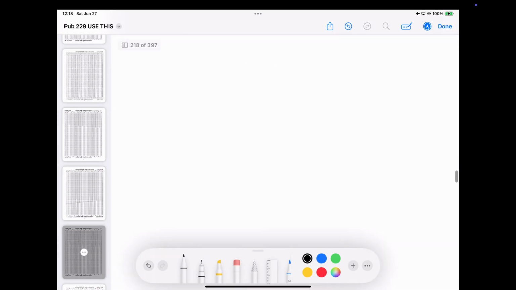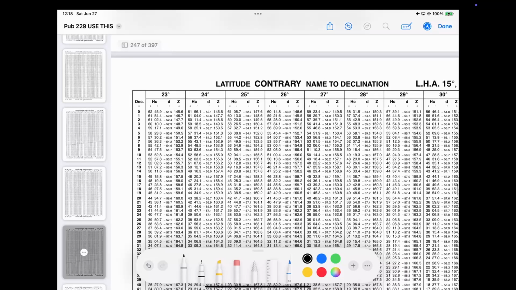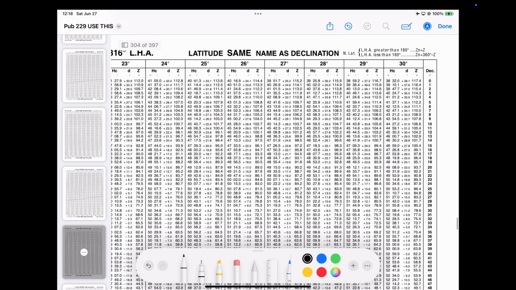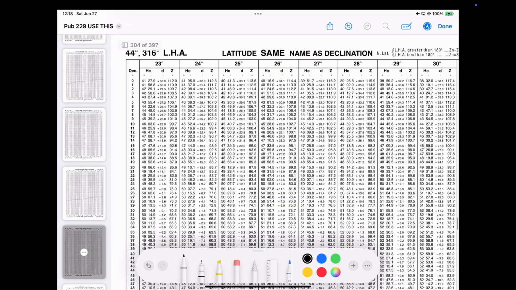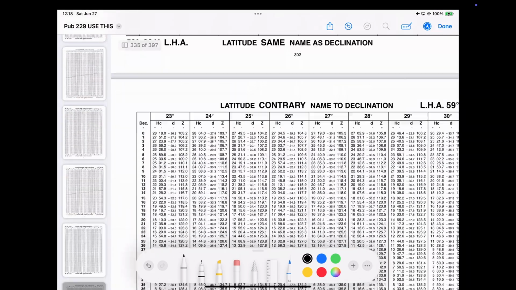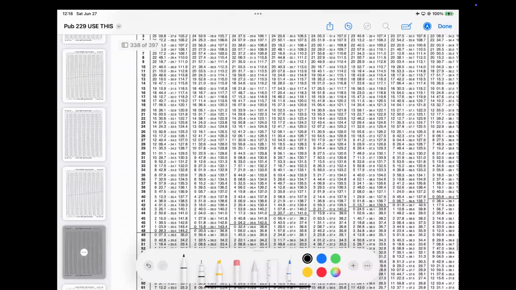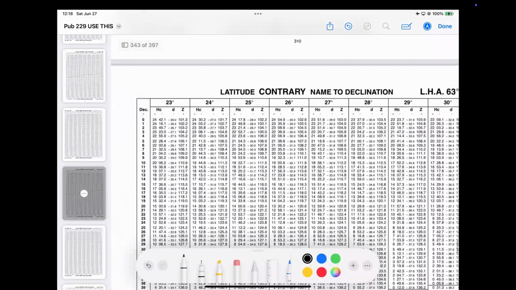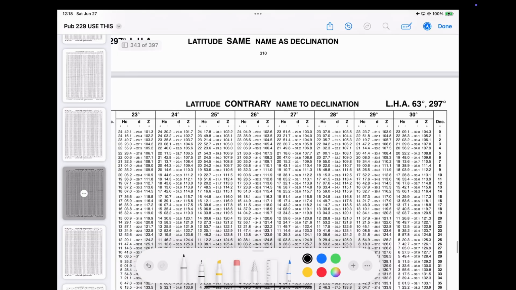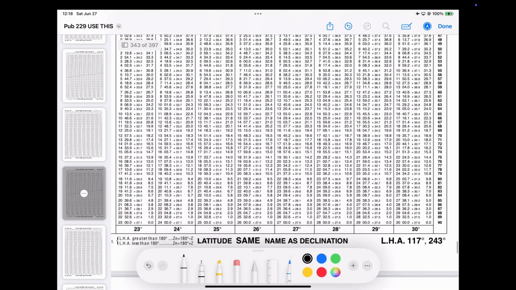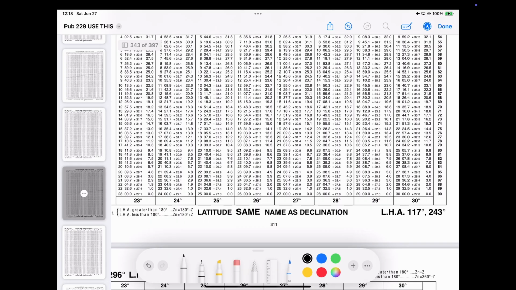Let's scroll to where we needed it. LHA is 63. As you can see, this says contrary page, and then on the bottom it has same, but that's a different LHA.